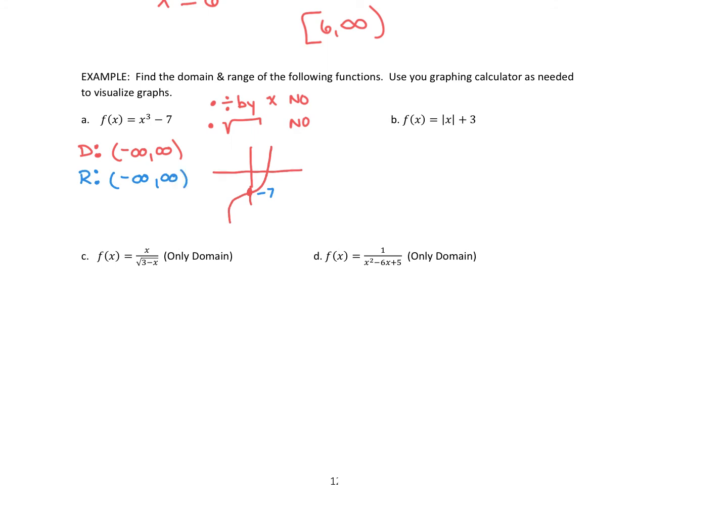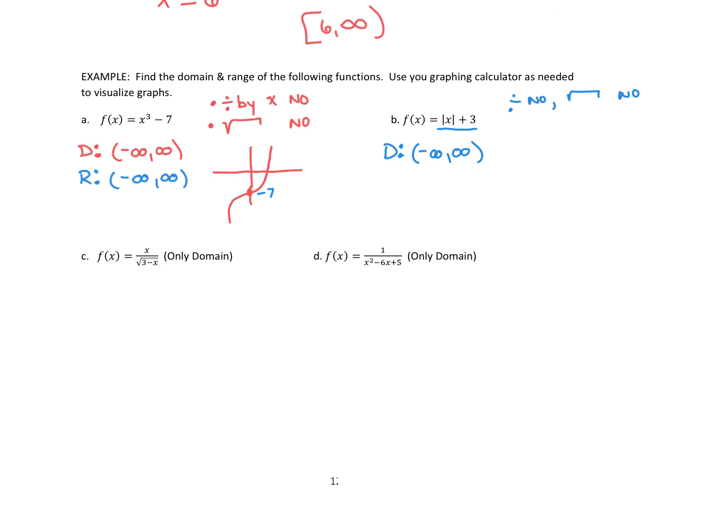Now, let's take a look at part B. Part B is an absolute value of x plus 3. And again, we ask ourselves, is there any division? No. Are there any square roots? No. So the domain, if those things don't cause any problems, we're going to have -infinity to infinity.